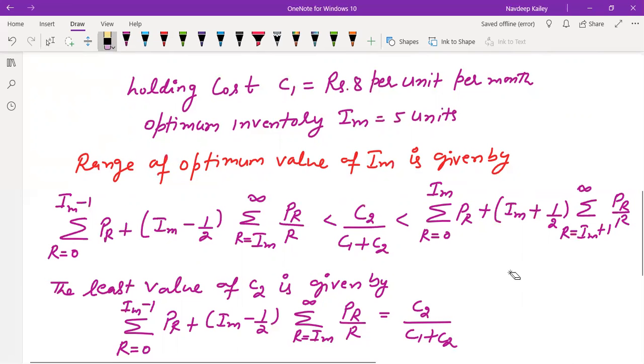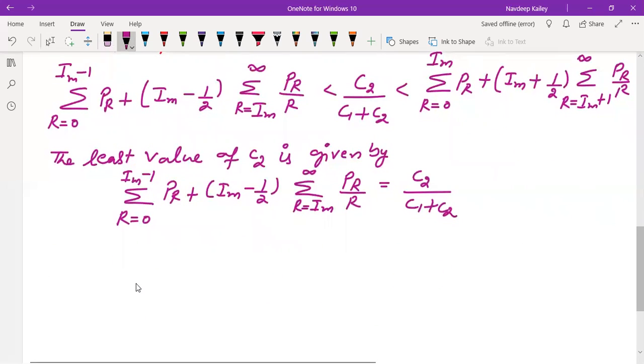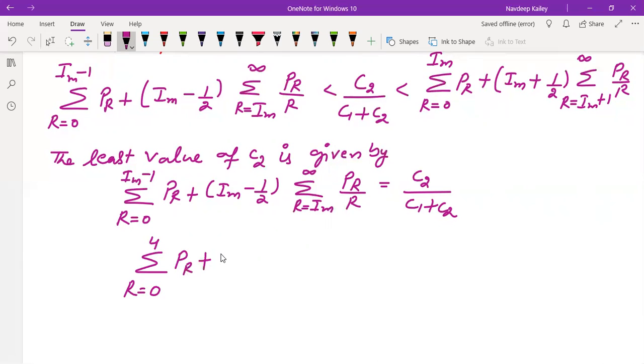Now we have all the values of the parameters, put in this equation. We get summation r equal to 0 to 4 (Im is 5, therefore 5 minus 1 becomes 4) Pr plus 5 minus 1 by 2 summation r equal to 5 to infinity Pr by r is equal to C2 upon 8 plus C2, since C1 is 8.